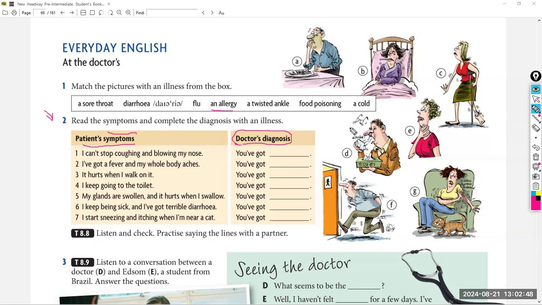So let me read the symptoms and let's try to solve exercise number 2. After that, we have to listen to a certain recording just to check if you have chosen the correct diagnosis or not.